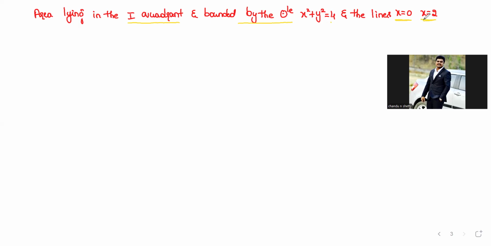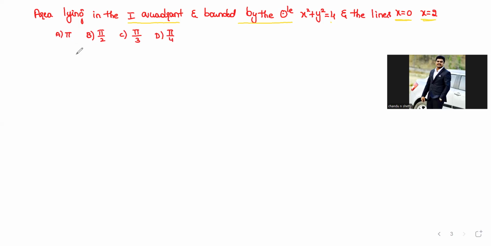They have given the options also. A is pi, B is pi by 2, C is pi by 3, and D is pi by 4. They can give it for 5 marks also, and again as an MCQ. So I'm doing the regular method only.